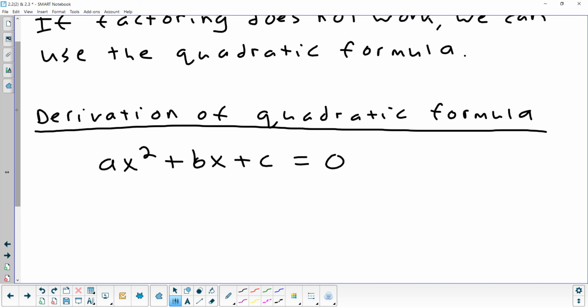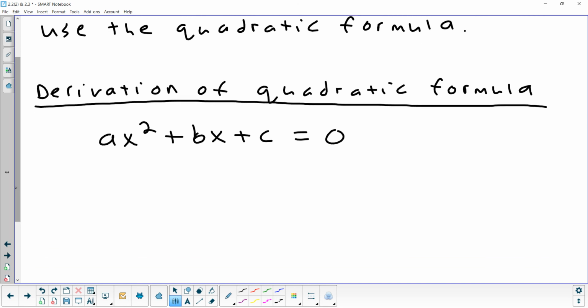Would it be like the c? The c. Always put the constant on the other side. Normally it's a number, now it's a c. How would you move that c to the other side? Subtract it. So we would have ax squared plus bx equals negative c.